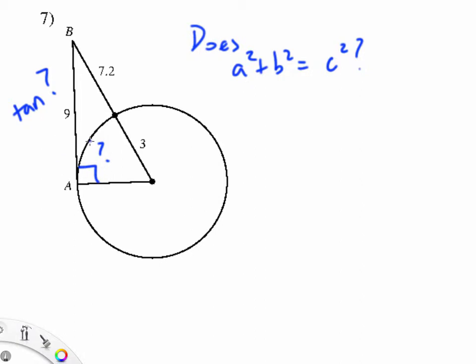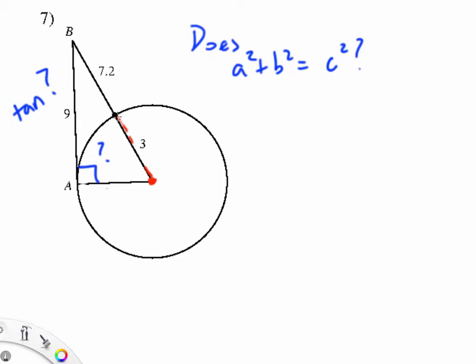Well, here's the thing. I've got a 9 here, but I'm missing this piece right here. Think very carefully about what you know about a circle and a radius.